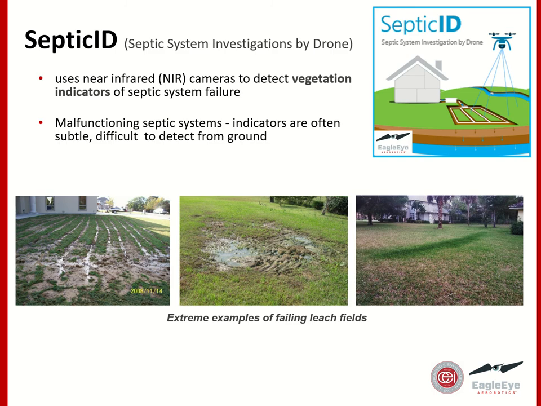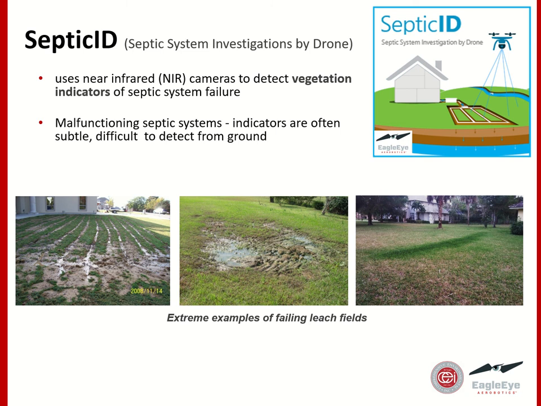Another application of near-infrared and specialized drone imagery is called Septic ID, which stands for Septic System Investigations by Drone. Septic ID uses specialized cameras to detect vegetation indicators of potential septic system failure. Malfunctioning septic systems can be difficult to detect.